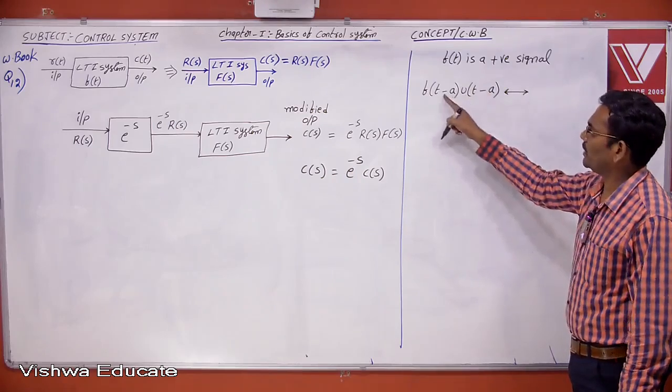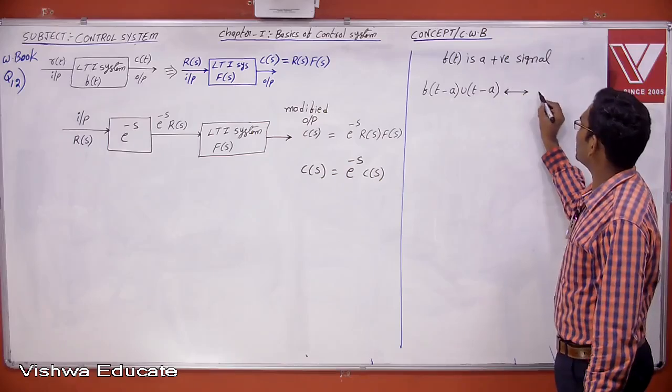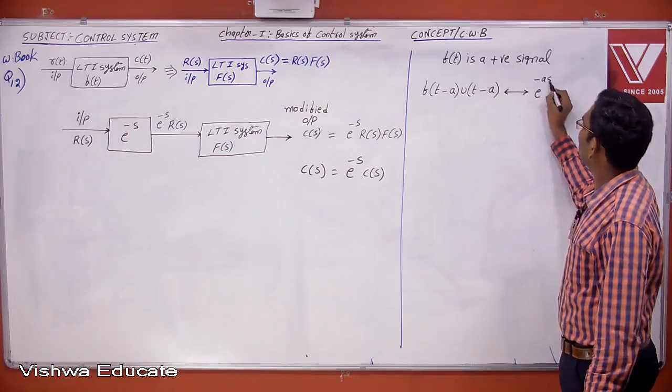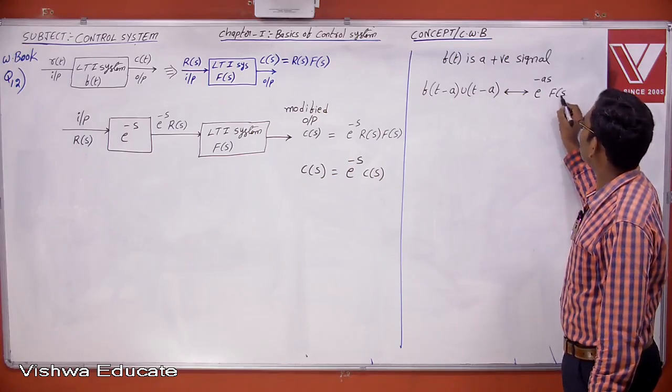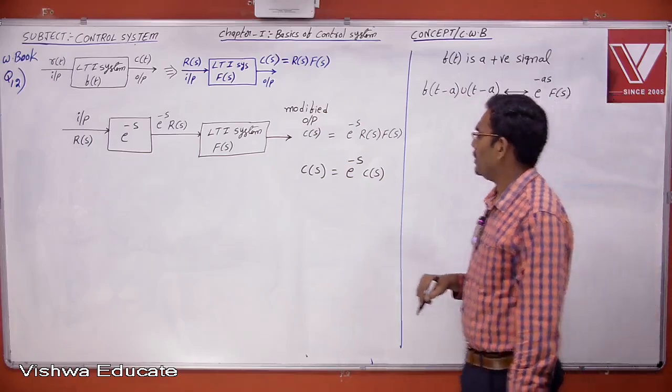This is time shifting. This time signal is delayed by an amount of a units, then whose Laplace transformation is e power minus as into F of s.